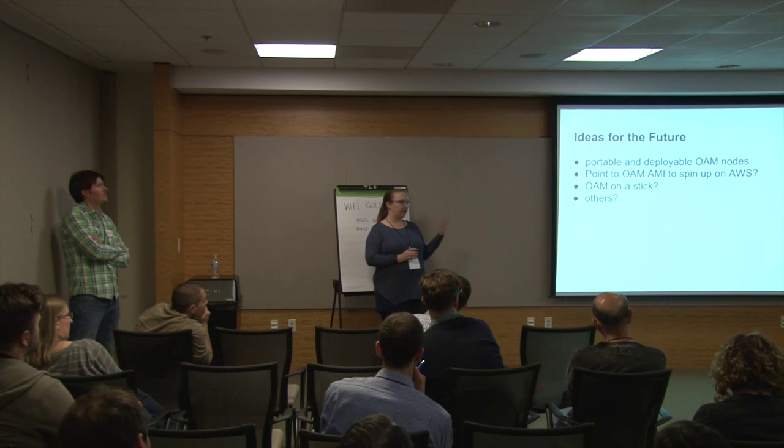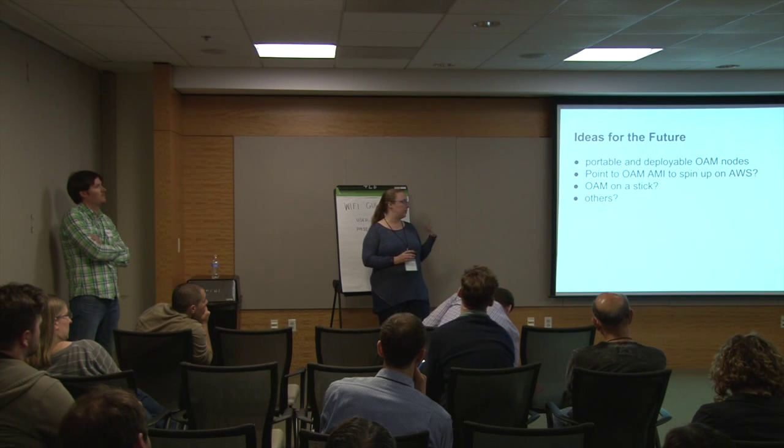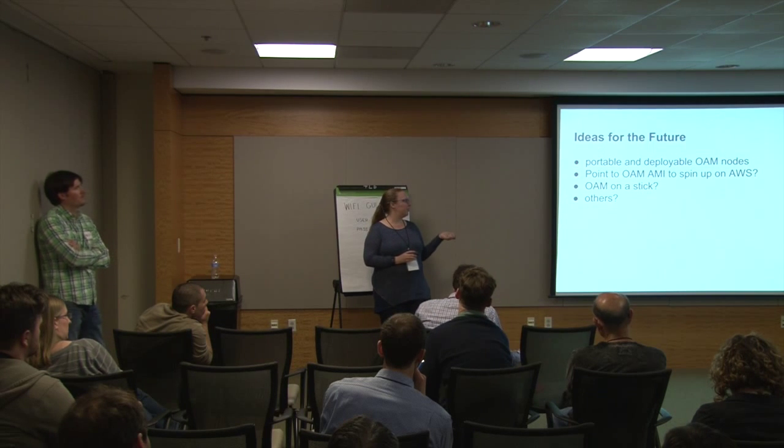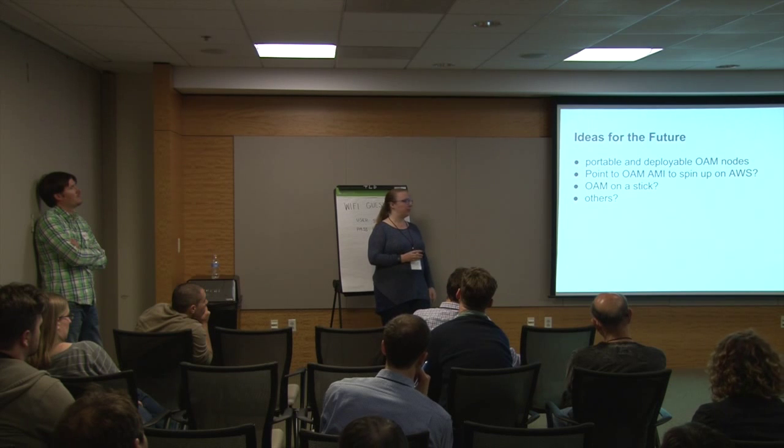If you had your saved AMI on Amazon, you could then say, okay, I want an OpenAerialMap instance. Would it be possible to do OAM on a stick? And then I'm sure there's many others, and maybe we'll hear some from you as well.